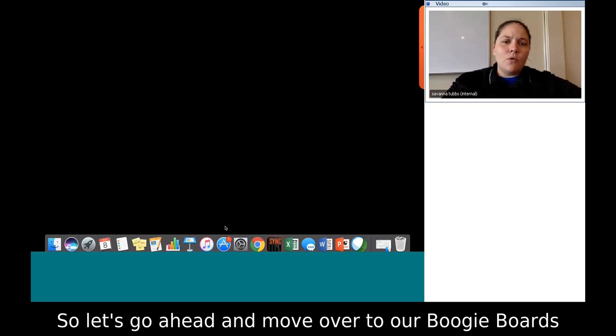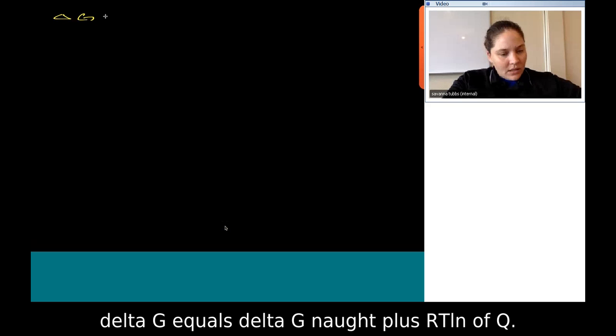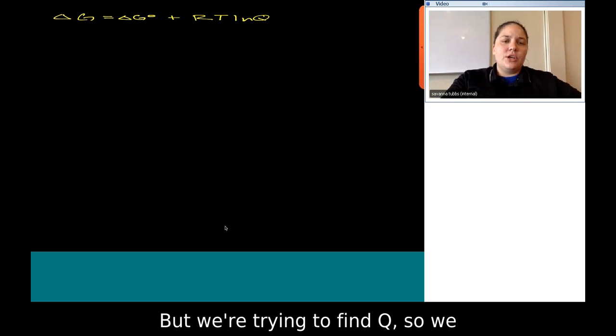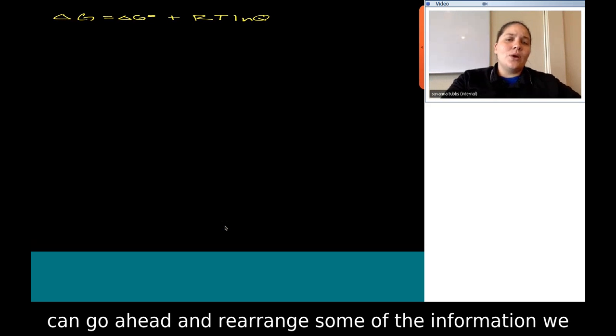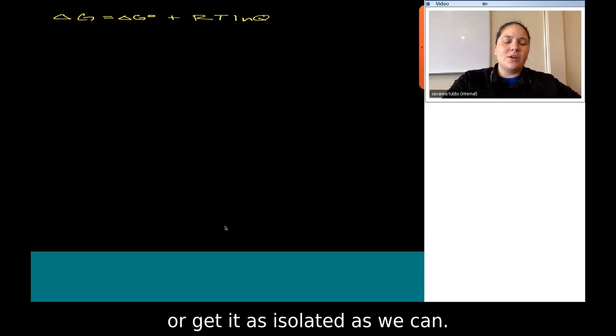So let's go ahead and move over to our boogie board so that we can do this. Because we know that we're dealing with delta G naught and Q, we have to use the equation delta G equals delta G naught plus RT ln of Q. But we're trying to find Q, so we can go ahead and rearrange some of the information we have to isolate our Q, or get it as isolated as we can.